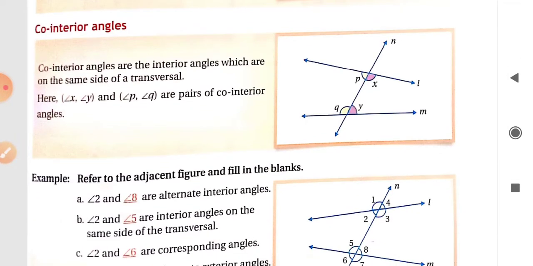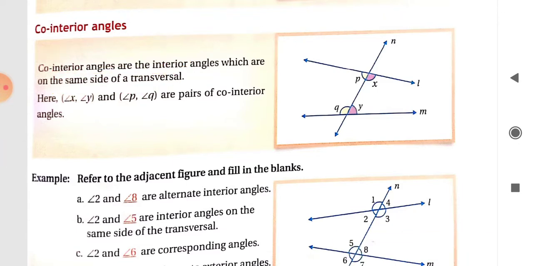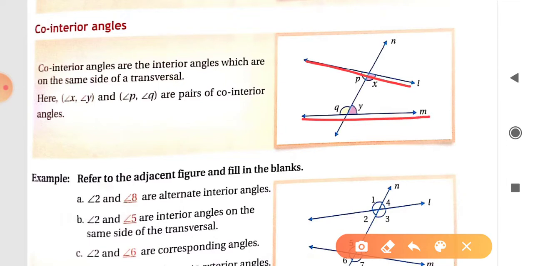Last is co-interior angles. Co-interior means angles that lie in the inner region, that is the interior region, and on the same side of the transversal. Co-interior angles are the interior angles which are on the same side of the transversal. In this example, L and M are lines and N is a transversal line.